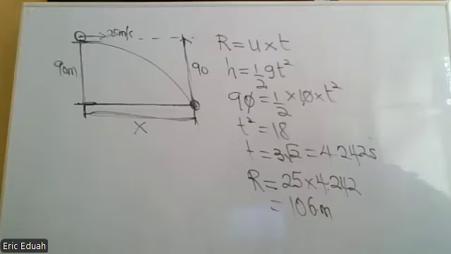Then, what are the horizontal and vertical components of the ball's velocity as it strikes the ground? Then, how far did the ball travel horizontally in its flight? And the last one, what is the magnitude of the resultant velocity vector as the ball strikes the ground?